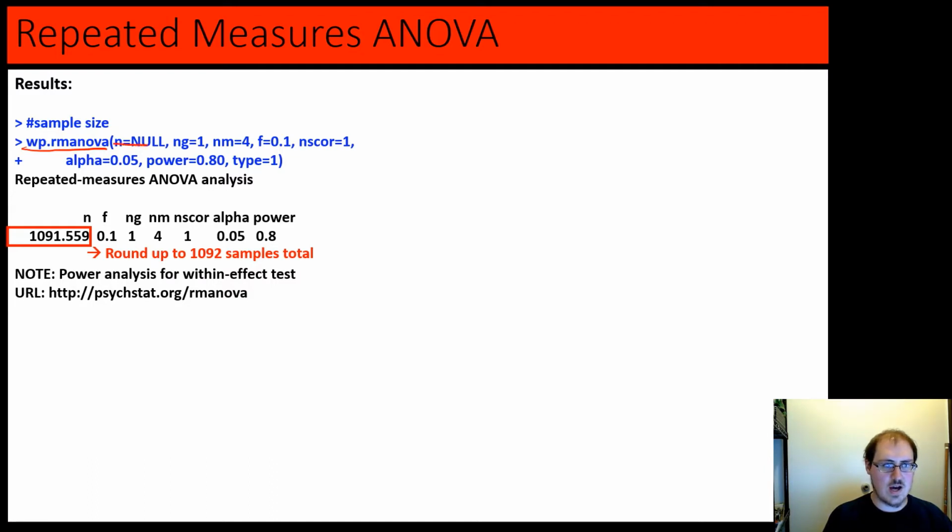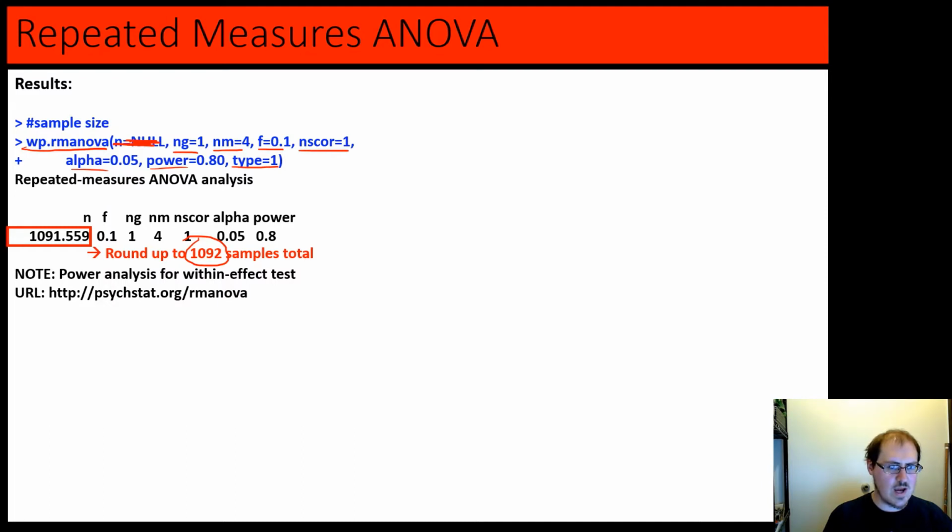You can also just not include this, and it'll still do the same thing. One group, 4 measurements, effect size, correlation coefficient, and then our alpha and power, and then we're once again doing type 1 for the within effects. This gives us a total of 1,092 samples.